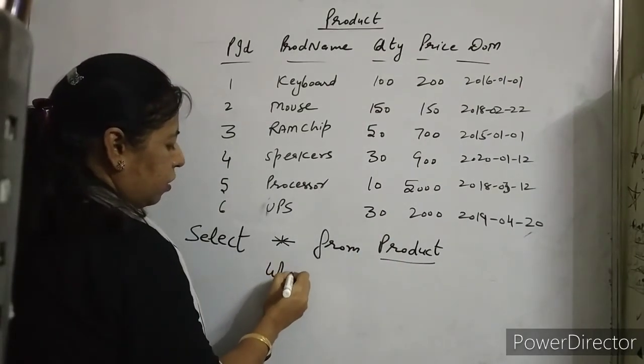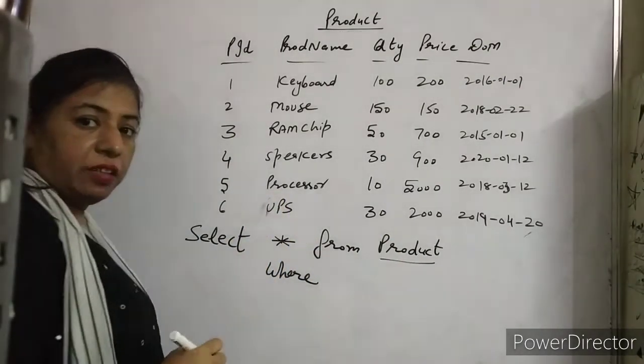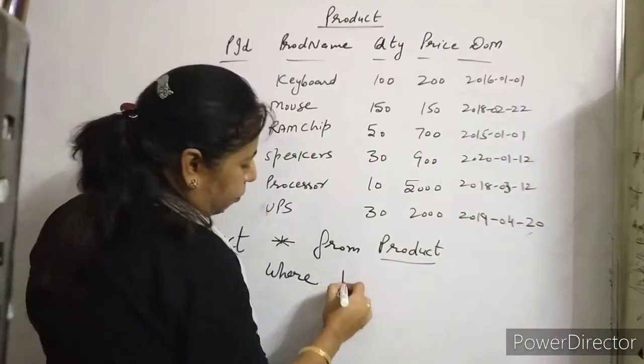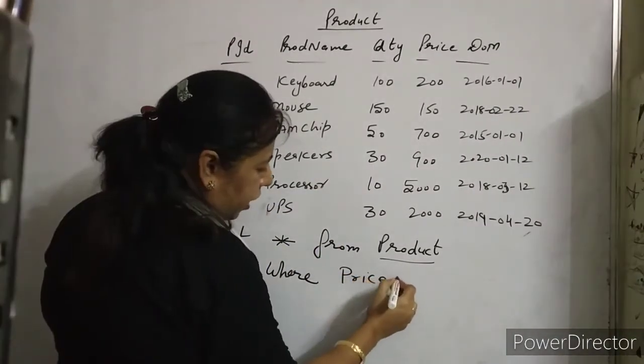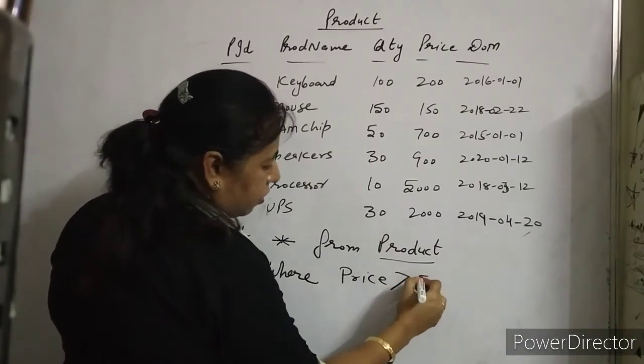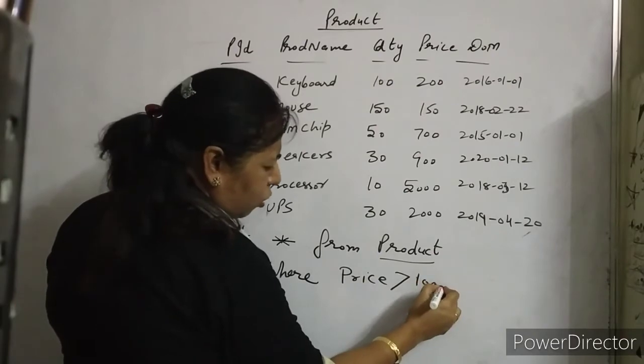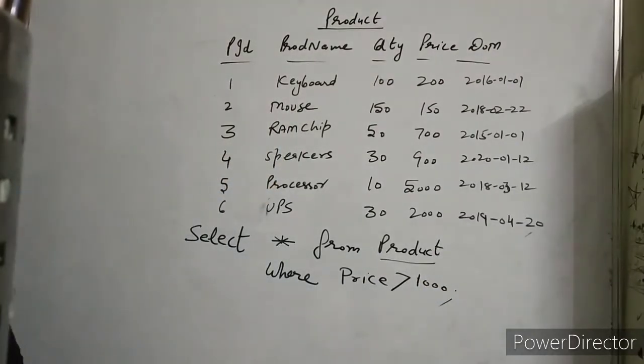Where. Now you will put the where condition. Select star from product where price greater than 1000.